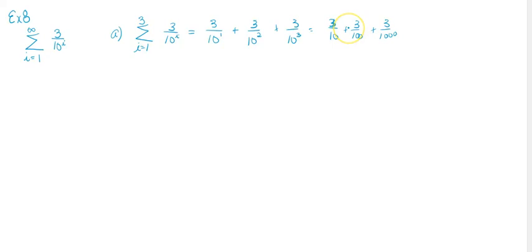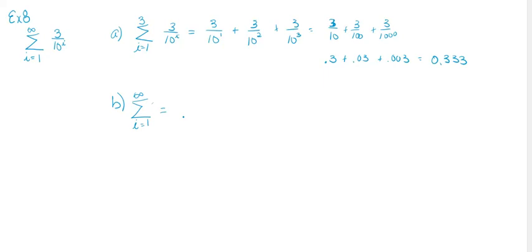Now, it's really easier to solve these not as fractions but as decimals. So this is the same as saying 0.3 plus 0.03 plus 0.003, which when you add it together, it's 0.333.